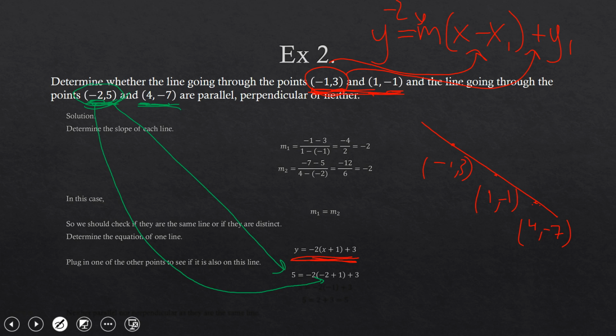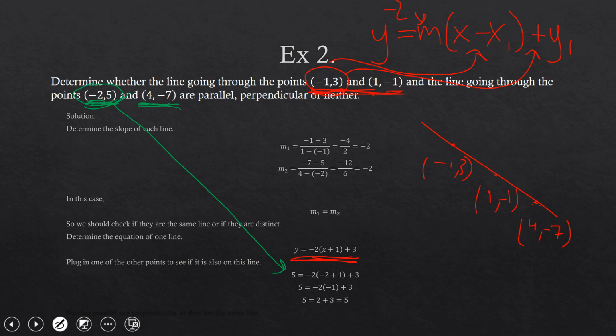And we need to see if this is actually an equality, and if it's an equality, then that means that point's on the line. So 5 equals, let's go ahead and distribute. Let me erase this right here. So we combine -2 and +1, that's going to give us -1.